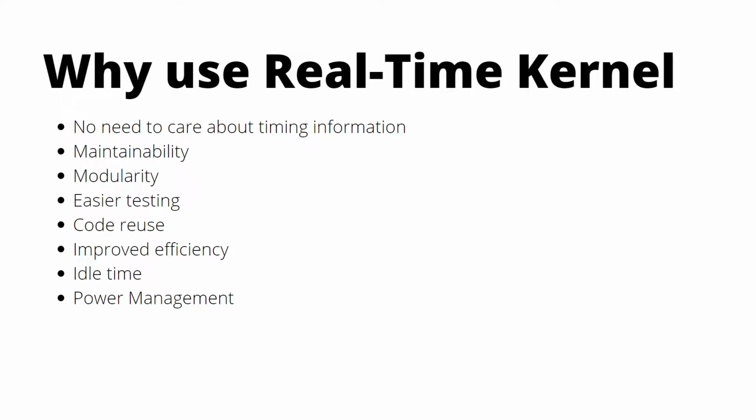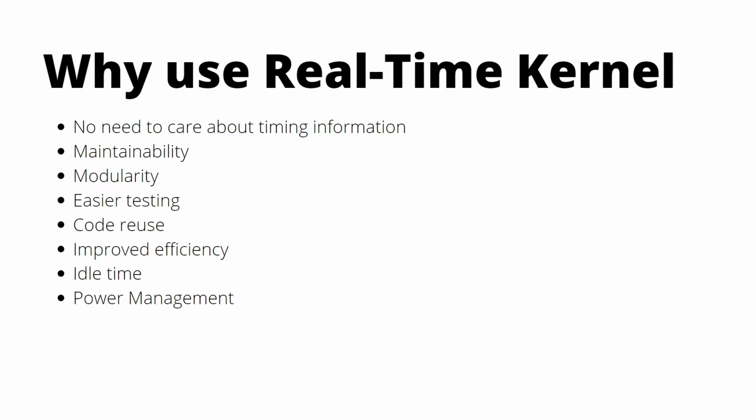So this real-time kernel uses something called event driven, which means it executes a piece of code when an event arrives. Just like if you press a button, it will execute at that time.